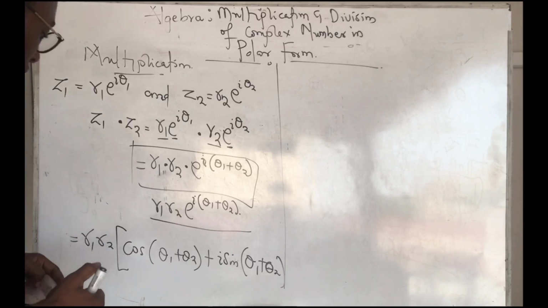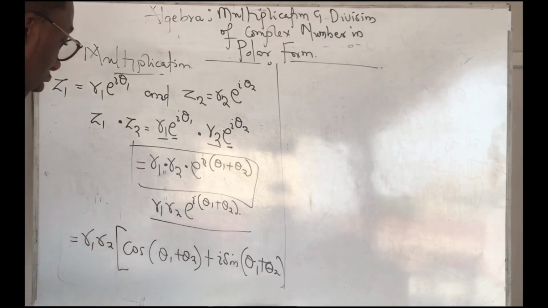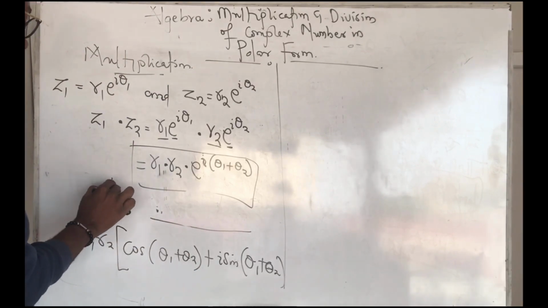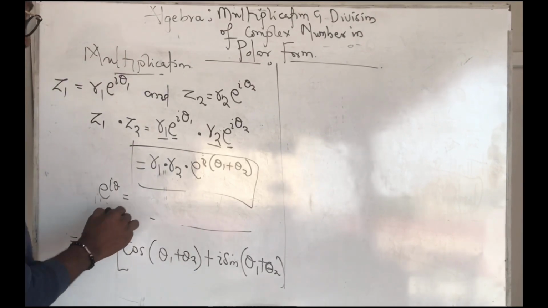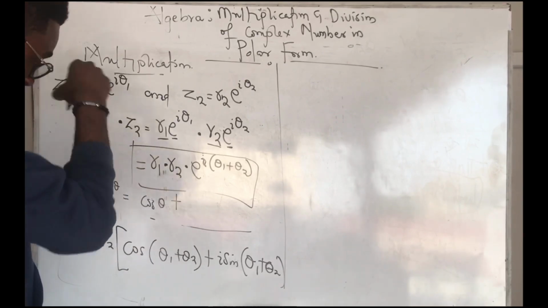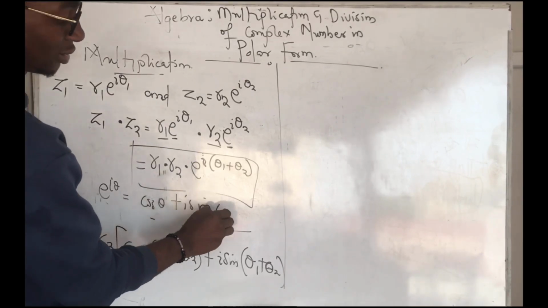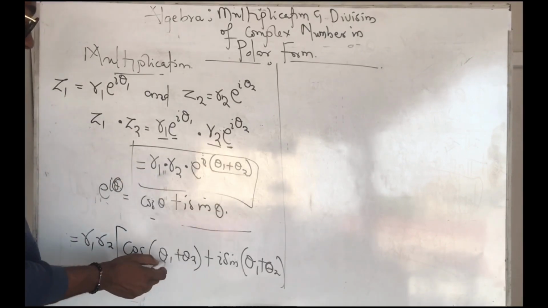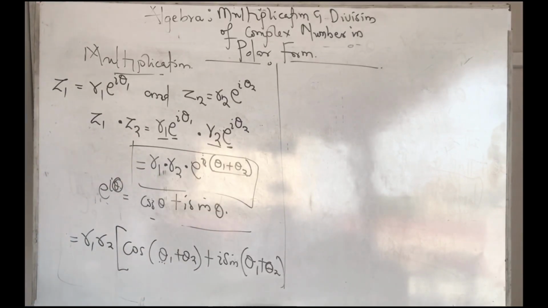Why? Because we already established that e of i theta is the same as cos of theta plus i sine of theta. So now the theta here is theta 1 plus theta 2. That's how we are getting this value.